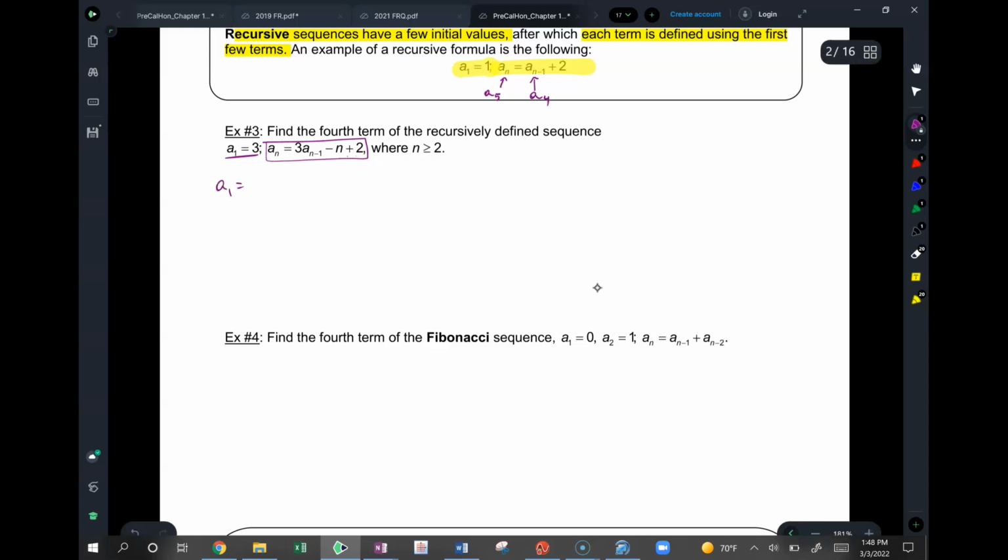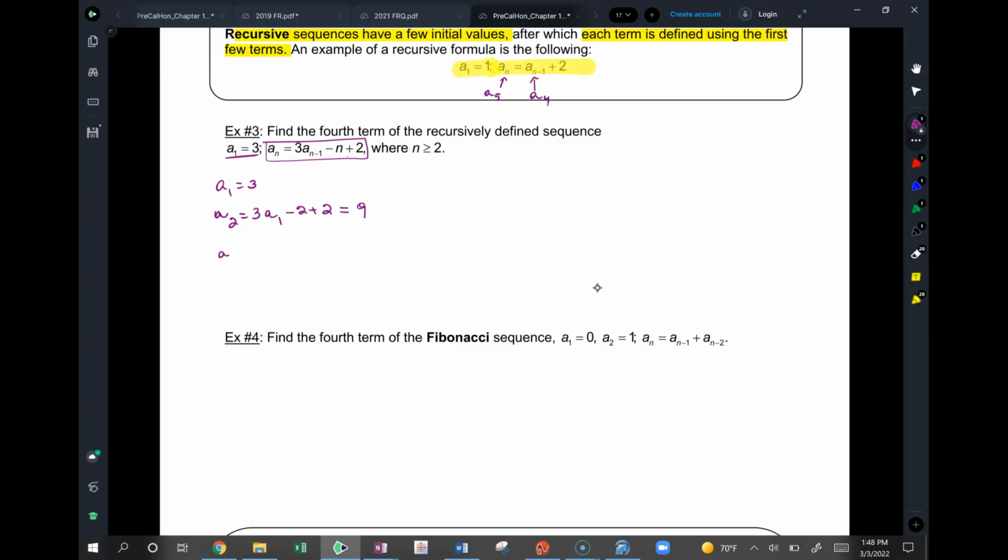A1 is 3. The next one I want to find is a sub 2. So n is 2 now. So a sub 2 is going to be 3 times, what's a sub n minus 1? a1, minus 2, plus 2, so that's 9. Okay? All right. Because A1 is 3.